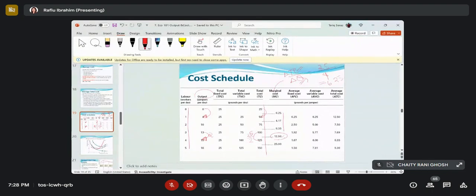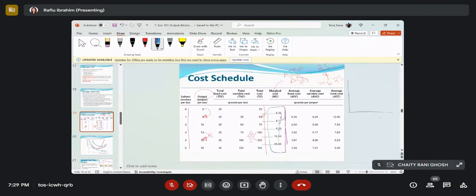Now, if you closely look at these parameters, I will see that the marginal cost actually has a trend in it. Starts declining first and then it starts increasing after a while. So we try to plot the curve.